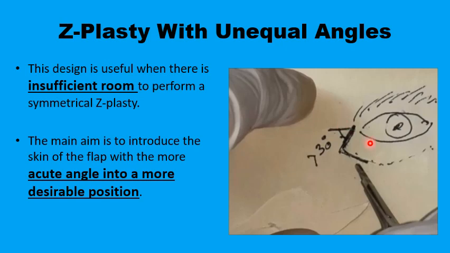And because of this, some variations to the standard Z-plasty technique may have to be considered. Provided that you still have an angle that is not less than 30 degrees, so as not to jeopardize the viability of the tip of the smaller flap, then unequal angles may be considered.